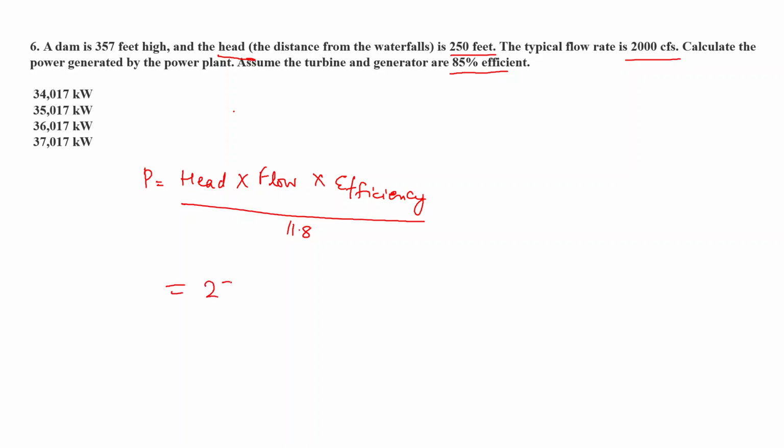So head is given as 250 feet into flow is given as 2000. We don't have to convert anything because it is asked in CFS only, it is asked in feet only. And efficiency is given as 0.85. Calculate and tell me what is the answer.